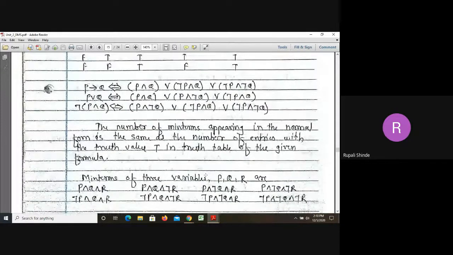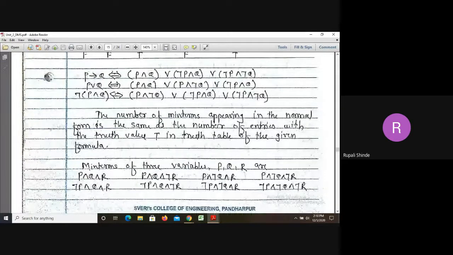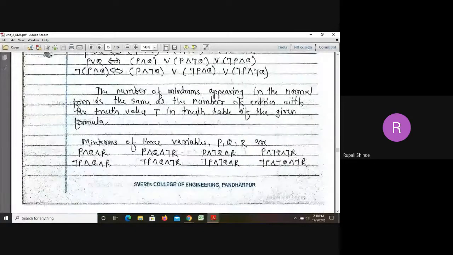If there are three variables like P, Q, R, then we can write possible minterms like 2 raised to 3, that is equal to 8. So 8 minterms will be there and those minterms are defined here.